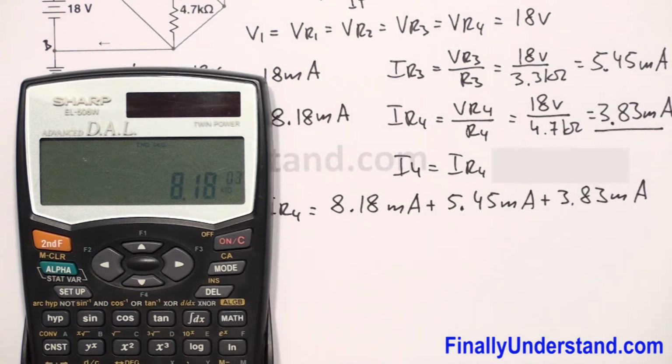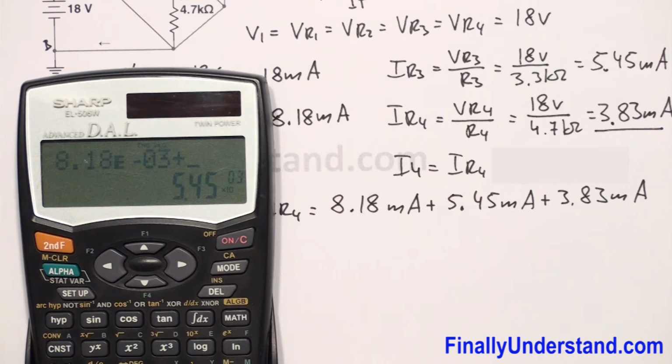8.18 exponent negative 3 plus 5.45 exponent negative 3, because this is milli, plus 3.83 exponent negative 3.